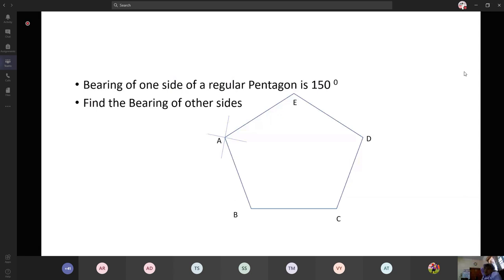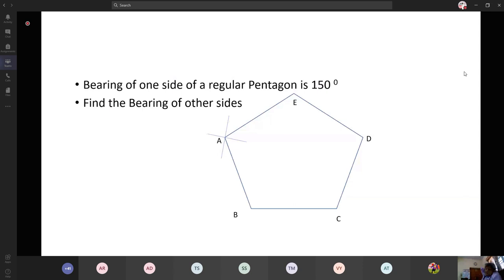So what is the bearing of EA? 114 plus 108, how much is that? 222 degrees. So what is the bearing of AE? 222 minus 180 is 42. So we have solved the problem.